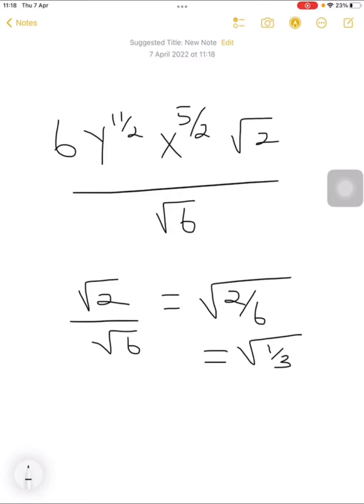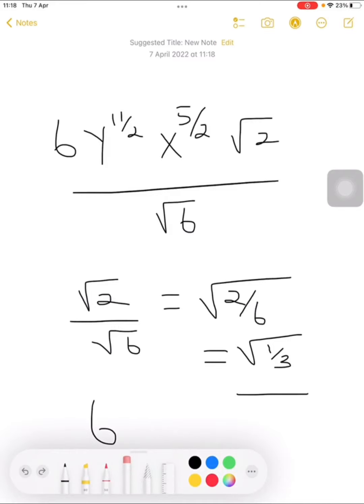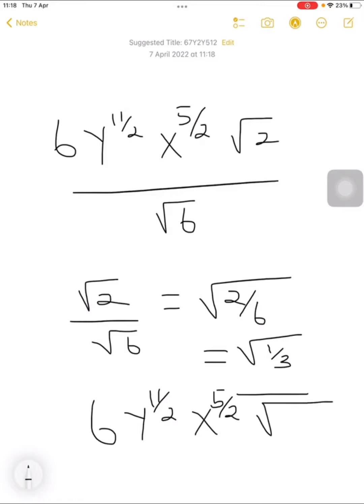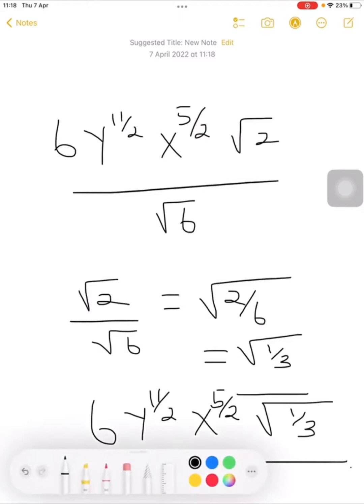So that one you can simplify like that, and therefore you will have your answer as 6y^(11/2)x^(5/2), and then the square root of 1 over 3, and you are done.